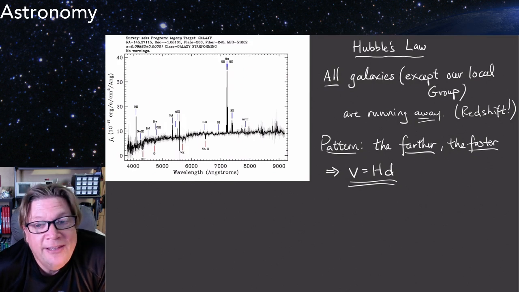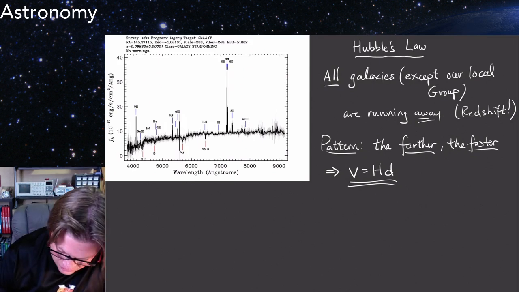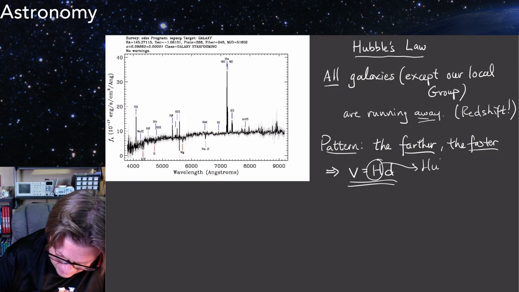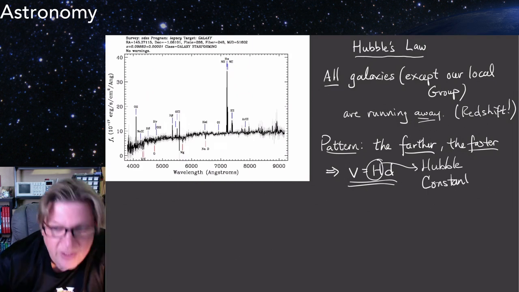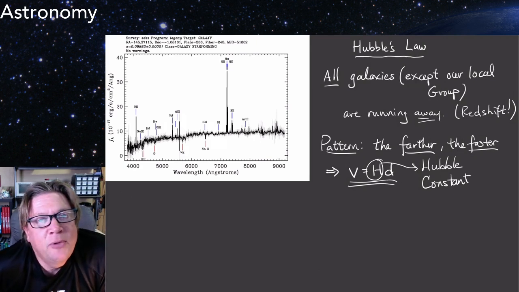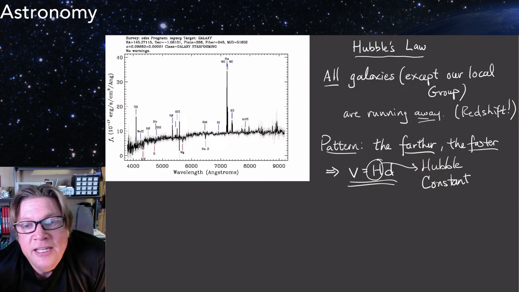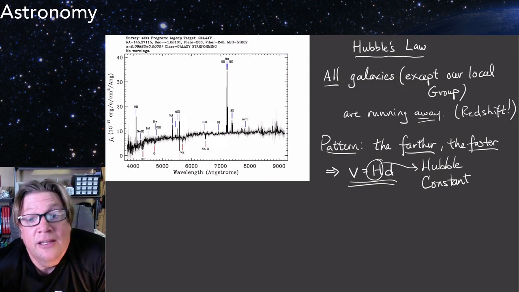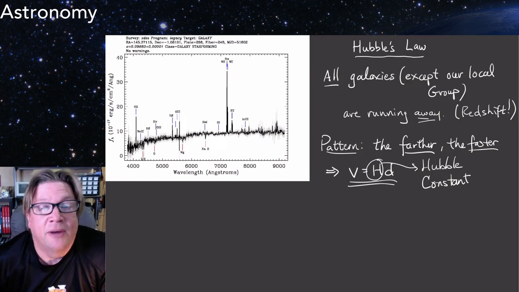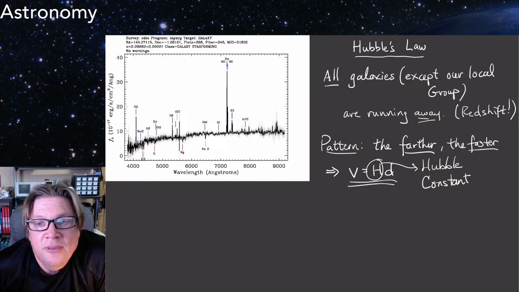The proportionality is just this thing, H, called the Hubble constant. If you remember graphing things back in math class, that's just the slope of the graph. All it says is the greater that d gets, the greater that v gets. So the greater the distance, the greater the speed, and H just tells you how much greater it is. So that's called the Hubble constant.